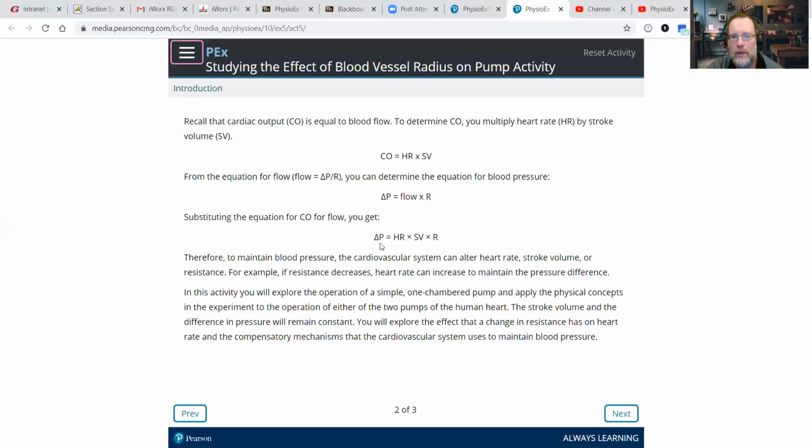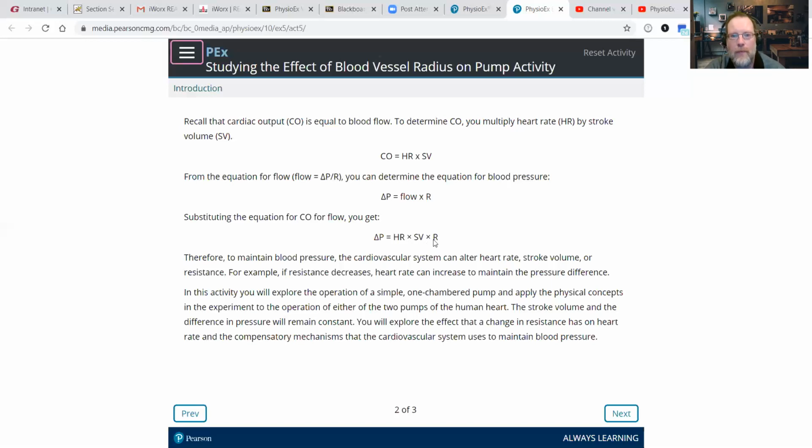Generally, we try to maintain constancy with blood pressure of 120/80. Generally, too, the heart ejects the same amount of blood for every beat, so stroke volume will remain constant.